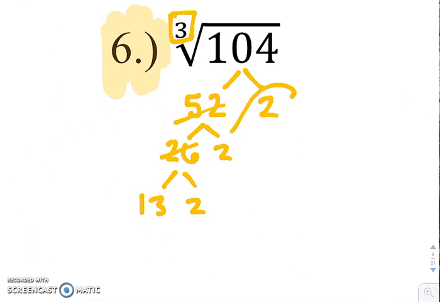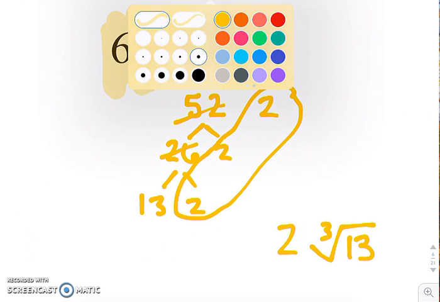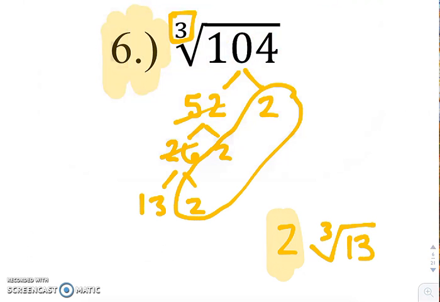So we've got a group of 3 2's, so that perfect cube still comes out front, and then we've got the cubed root of 13 left. And that's all there is. As long as there's no perfect roots underneath that radical, then you guys are good to go.